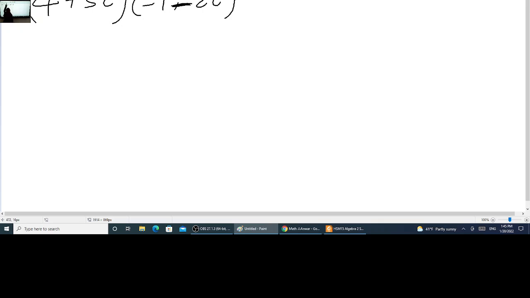We just use the distributive property on each term: this term by each term inside the second brackets.